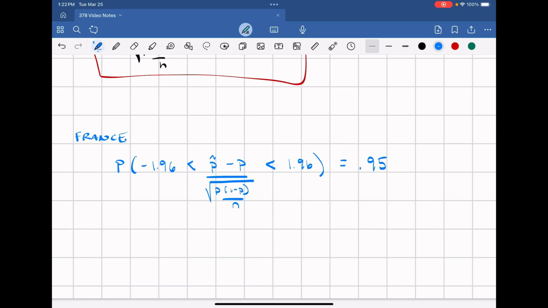And we want this to be 0.95. So this is the setup that we have. And now what we're trying to find is we know p hat, we know p, 1 minus p, so we just need to then calculate from here.